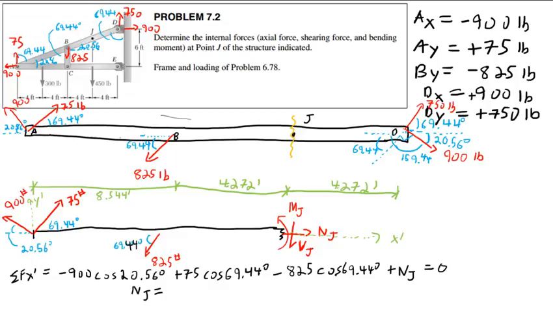And I get that Nj is equal to 1,106.04 pounds, positive or tension. And that would be one of my 3 internal forces. And barring any math errors, that should be the solution.